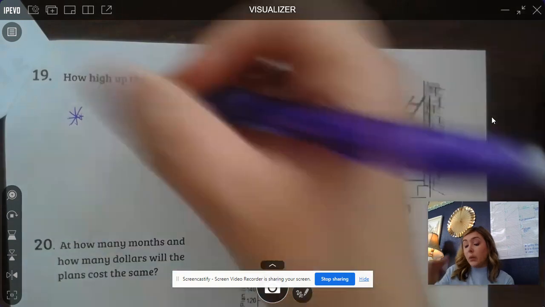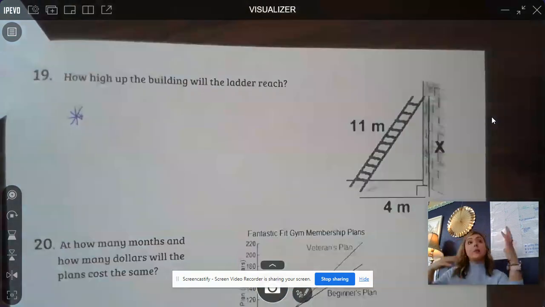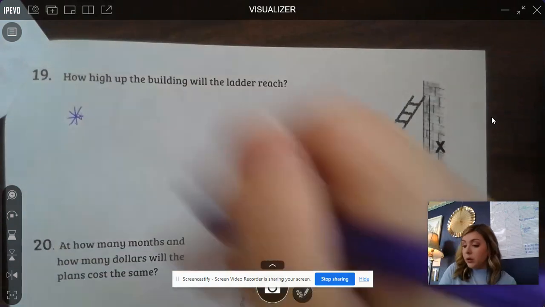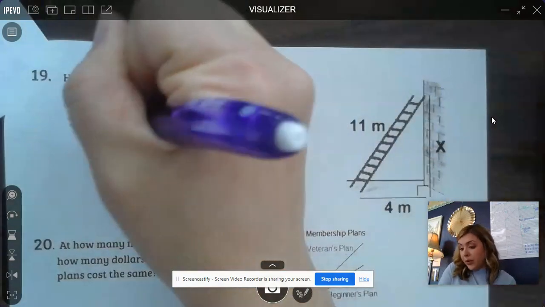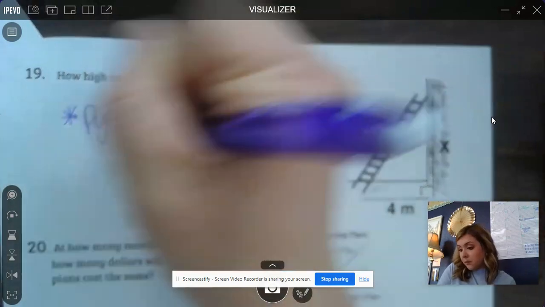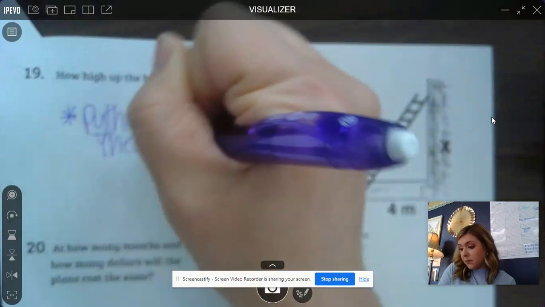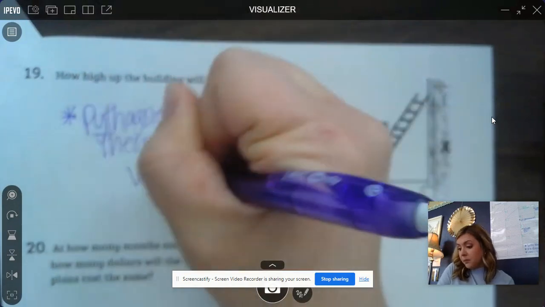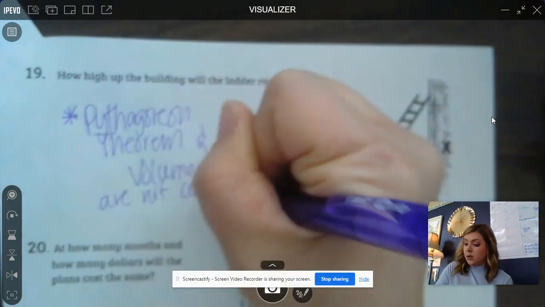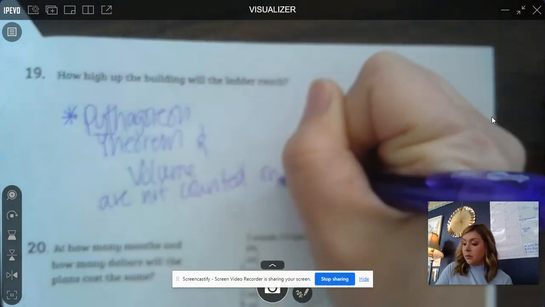When you start working on benchmark on your own tomorrow, you need to know that Pythagorean theorem and volume are not counted on benchmark.